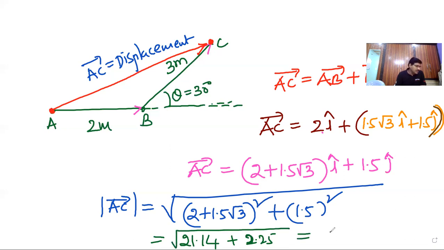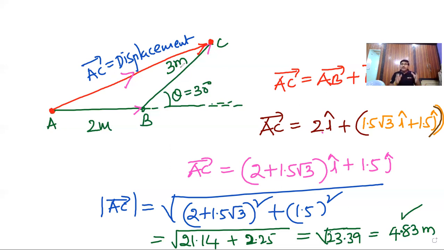Finally, it becomes root of 23.39. Final answer is 4.83 meters, which is same as the first method. Magnitude is same as first. And direction you know very well: always initial to final, A to C.